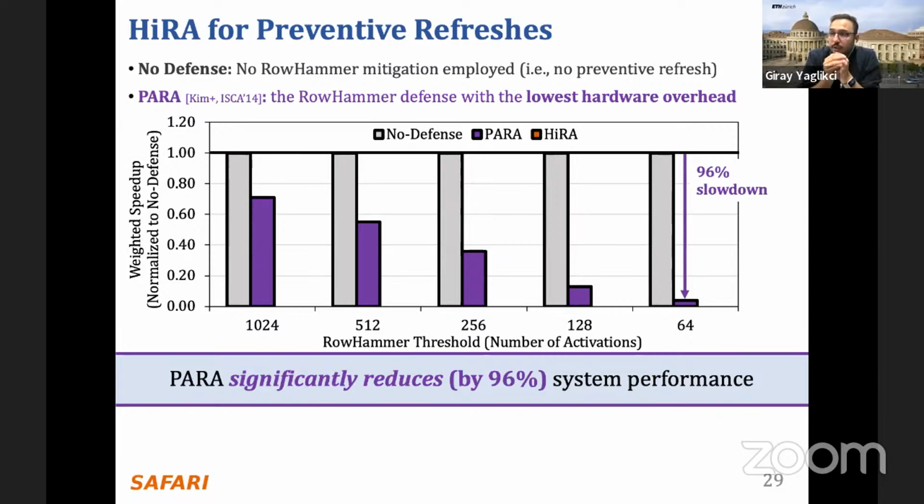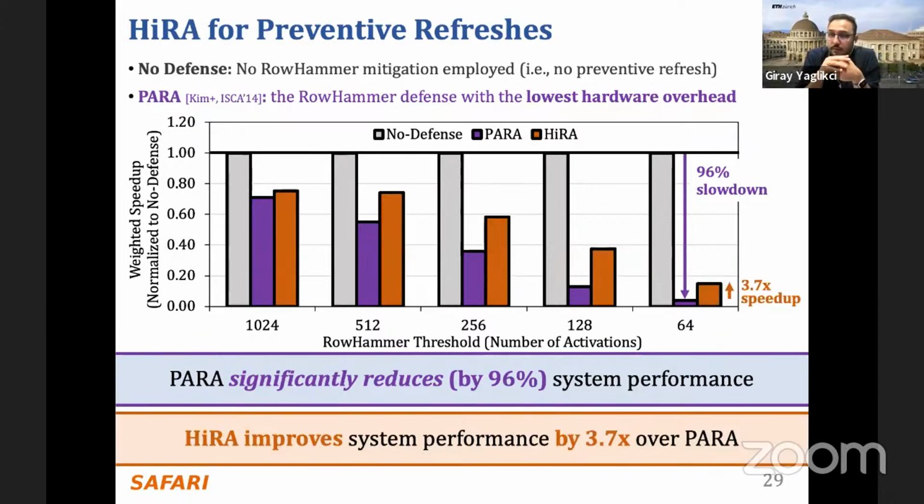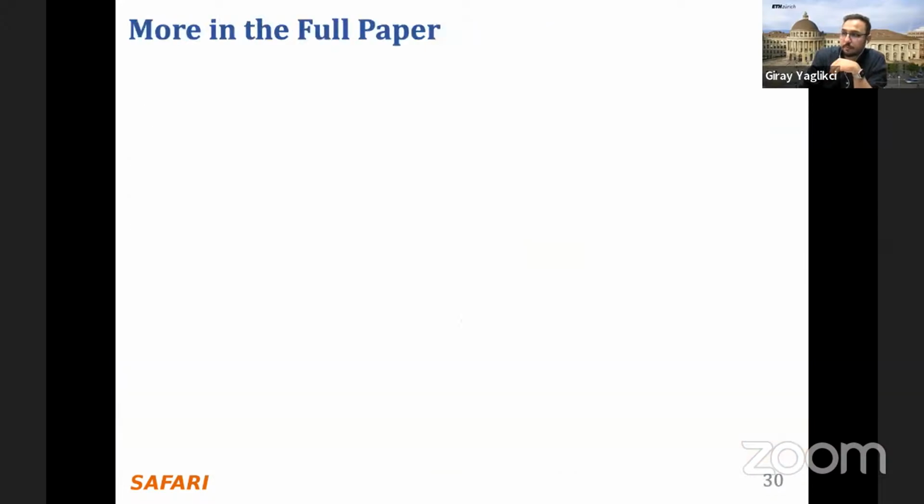When we look at the performance values here, we see that PARA can significantly reduce system performance as it needs to aggressively perform probabilistic row activations. When we replace PARA's row activations with HiRA operations, we again have slowdowns, but compared to PARA, we can significantly improve system performance.